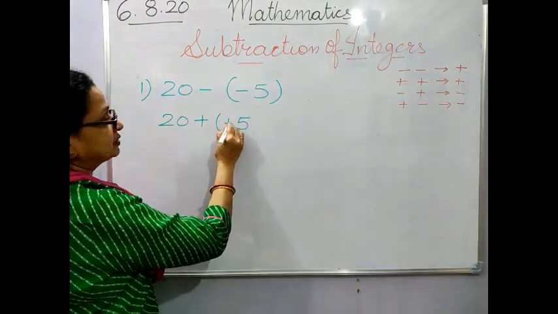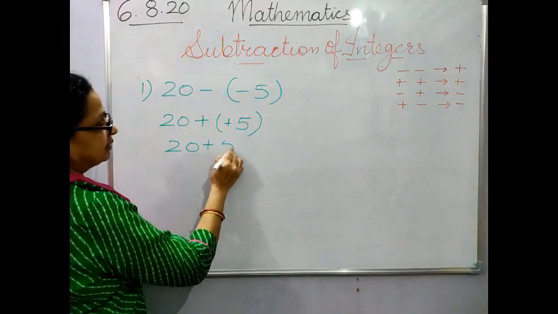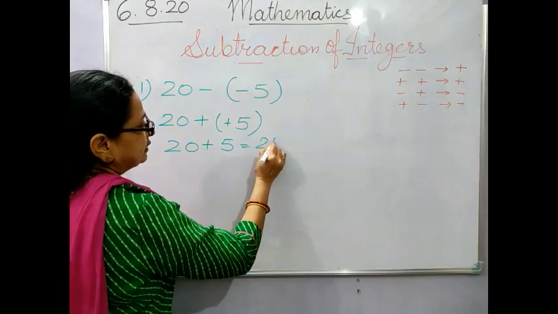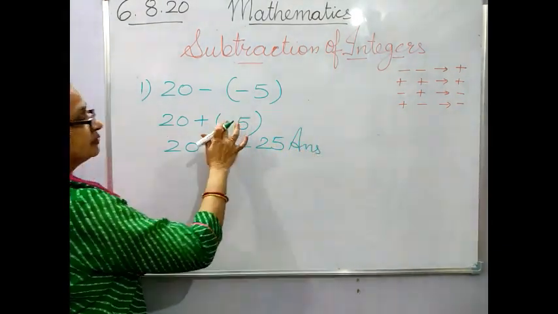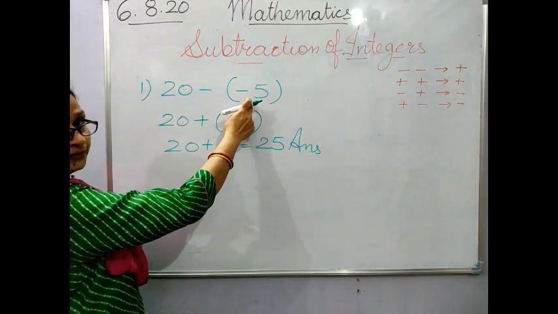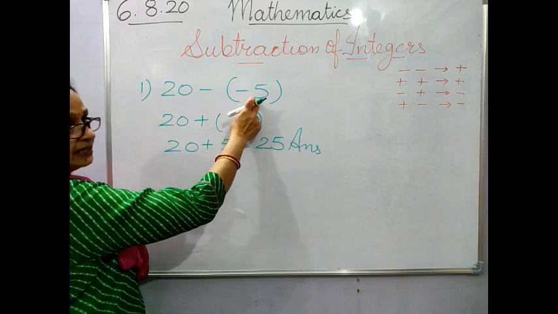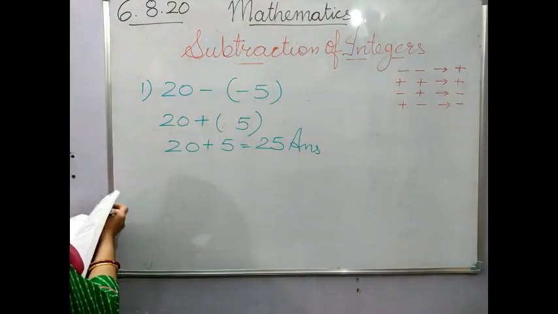The sign will be opposite. So it will be 20 plus 5 is equal to 25. Even if you don't write this plus sign, it means plus. This 5 is the additive inverse of minus 5.